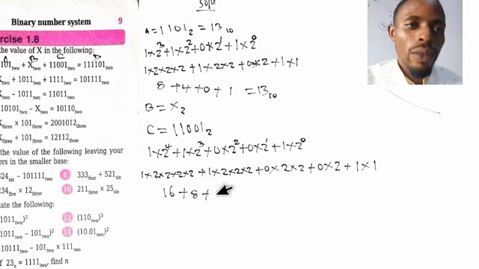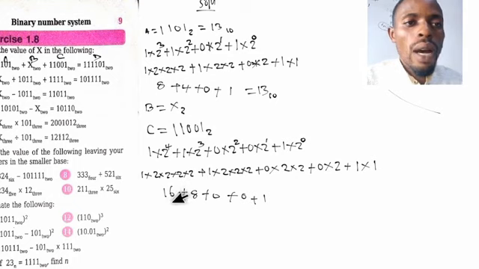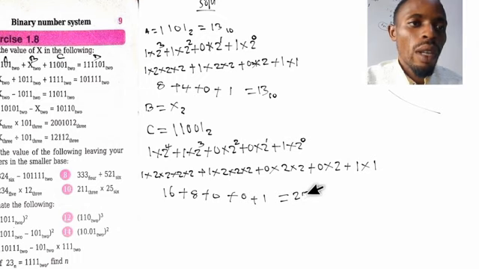You have 0 plus 0 times 2, we have 0 here also. The next one, 1 times 1, gives us 1. So let's add it together: 16 plus 8 plus 1, we have 25. Therefore we have 25 in base 10.